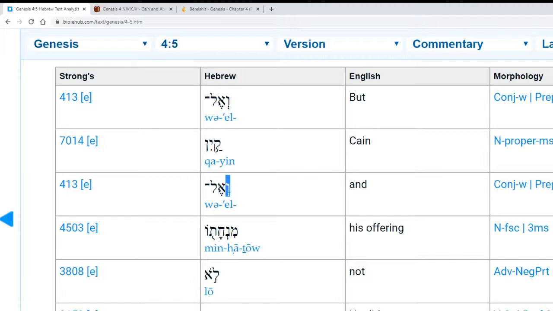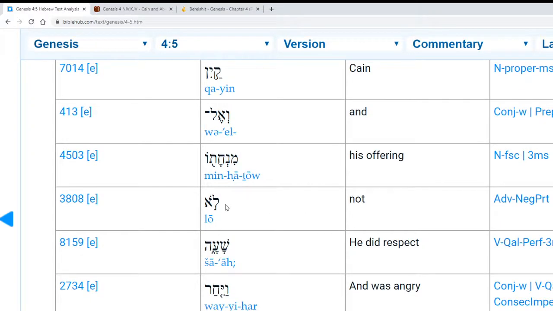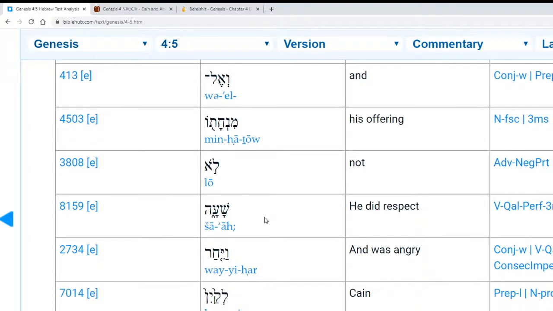So conjunctive vav, the preposition el with the aleph again, minhato, his offering, right? The hey turns into a taf, the vav at the end is saying his. Lo sha'a, lo meaning not, sha'a, right? So same verb we had before, right?